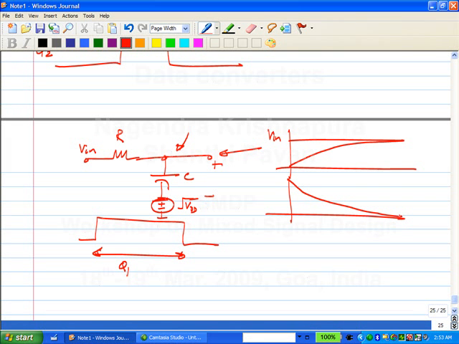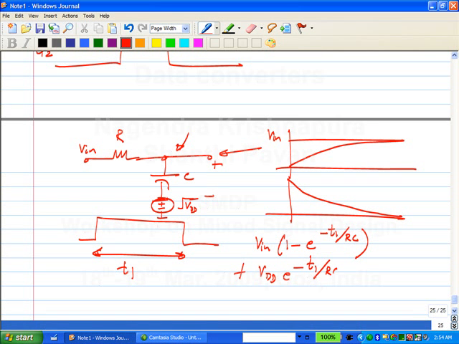Correct? So what do you think will be the voltage at the end of this time? Let me call this width T1. It is nothing but Vin into 1 minus e to the minus T1 by RC plus VDD e to the minus T1 by RC.